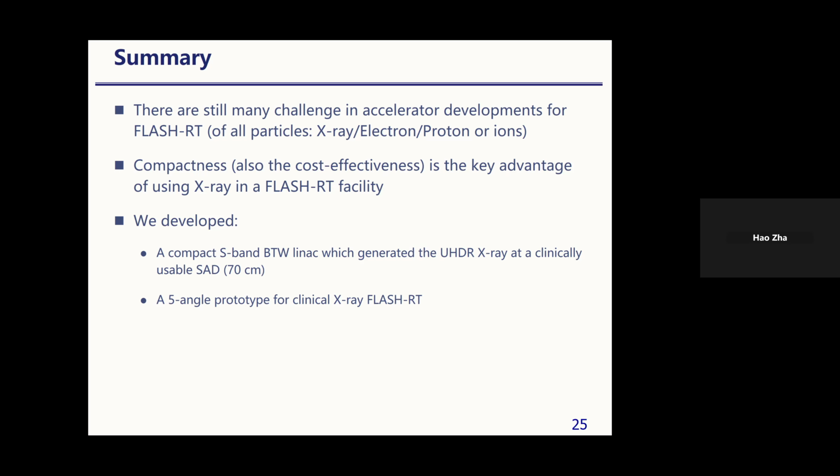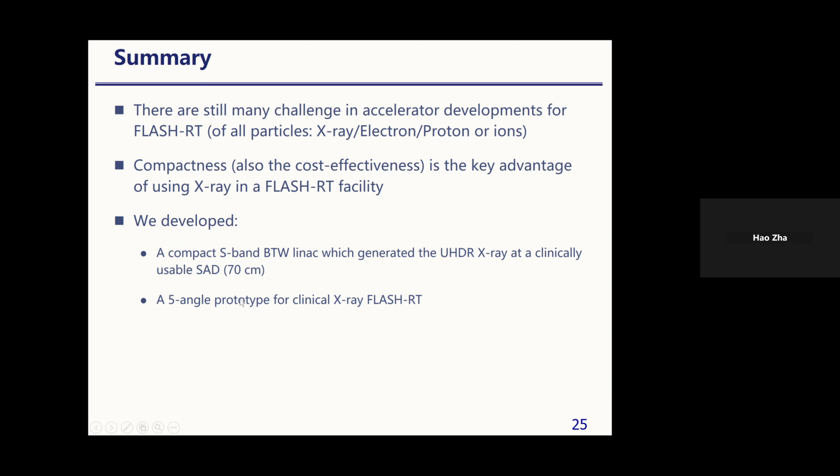So at Tsinghua University, we developed 2 things. The first one is a very compact S-band structure Linac that can generate very high dose rate X-rays at a clinically practical distance of 17 centimeters.